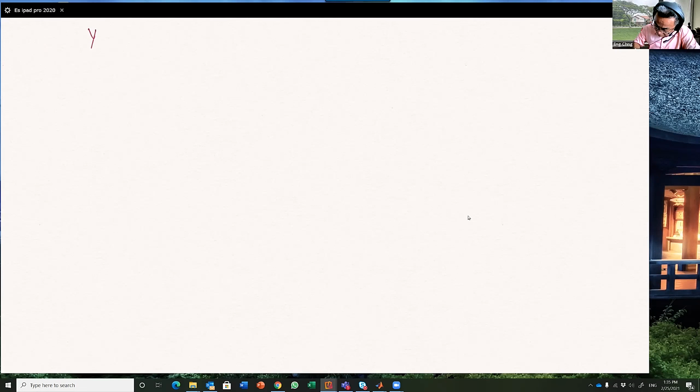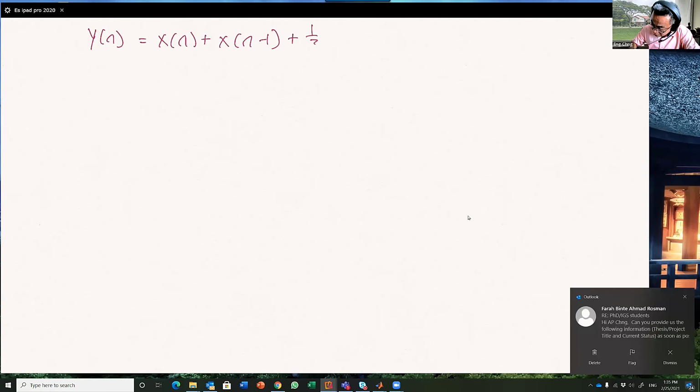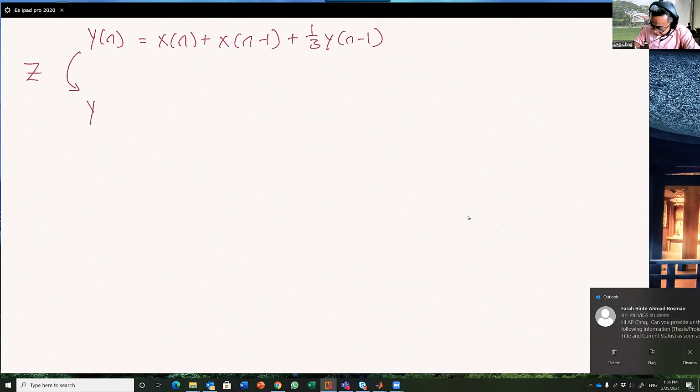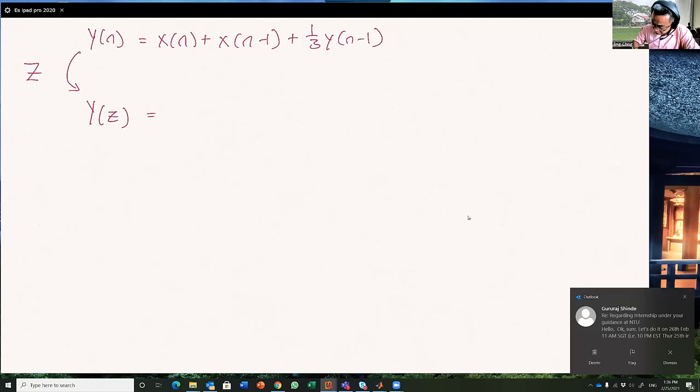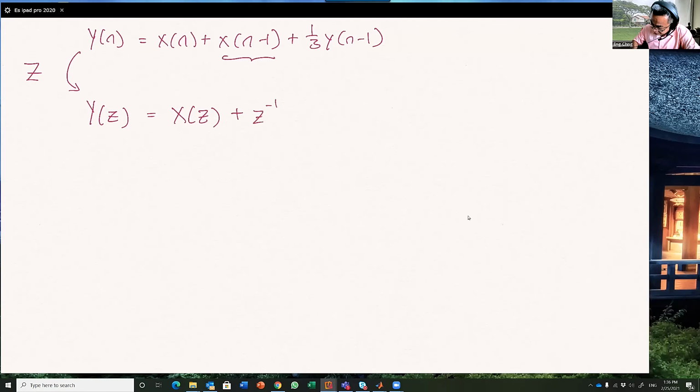So we have the difference equation, y[n] equals x[n] plus x[n-1] plus 1/3 y[n-1]. Remember that converting to the z transform is very easy. y[n] becomes Y(z), x[n] becomes X(z), and this guy is a bit special. x[n-1] becomes z^-1 X(z), and then the rest is trivial. z^-1 again because of this delayed signal, and this is Y(z).